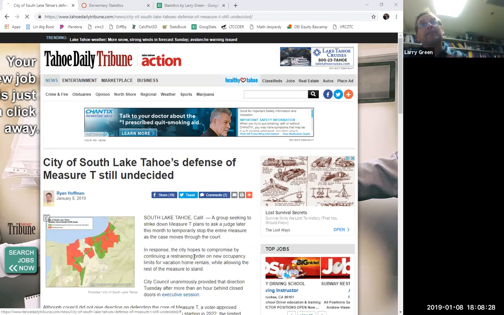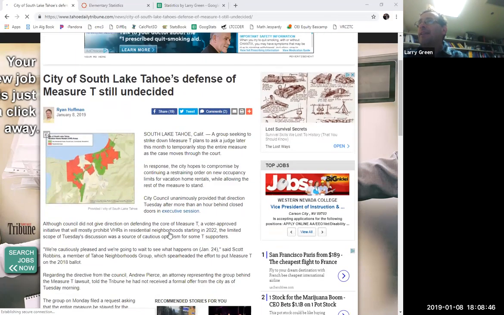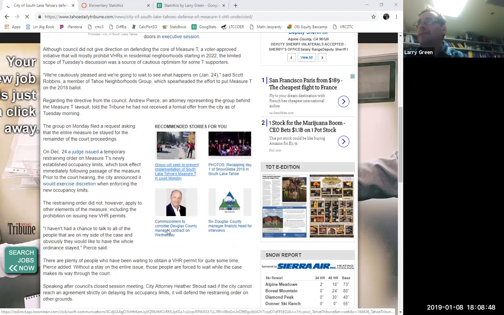Again, I'm simplifying a little bit, but that's basically it. And we voted to ban it. I'm not going to tell you whether that was good or not. I'm just telling you what happened. So there's this article, Ray Hoffman wrote a little article, City of South Lake Tahoe's Defense of Measure T Still Undecided, and it's all about Measure T.